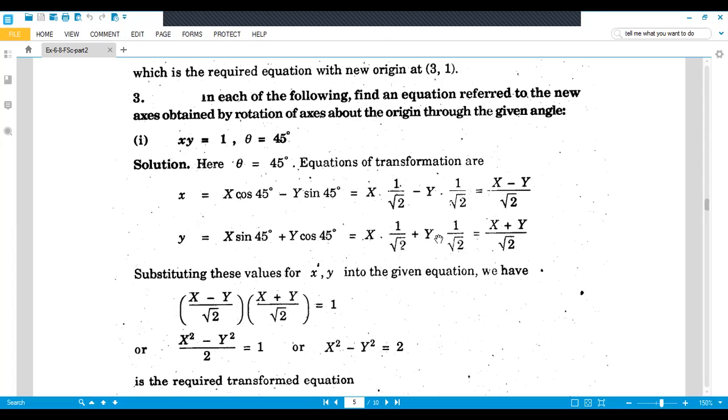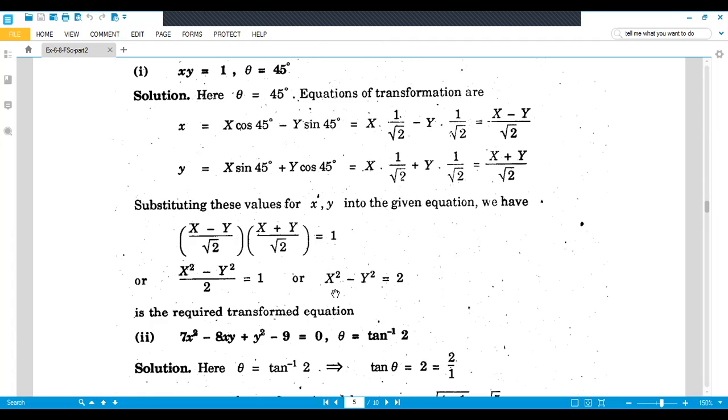Now substituting these two values, the values of small x and y, in the equation xy equal to 1, so the value of x you put, value of y you put, under root 2 multiply, so we get, this is the a minus b, a plus b formula, so X square minus Y square equal to 2 is the required transformed equation.